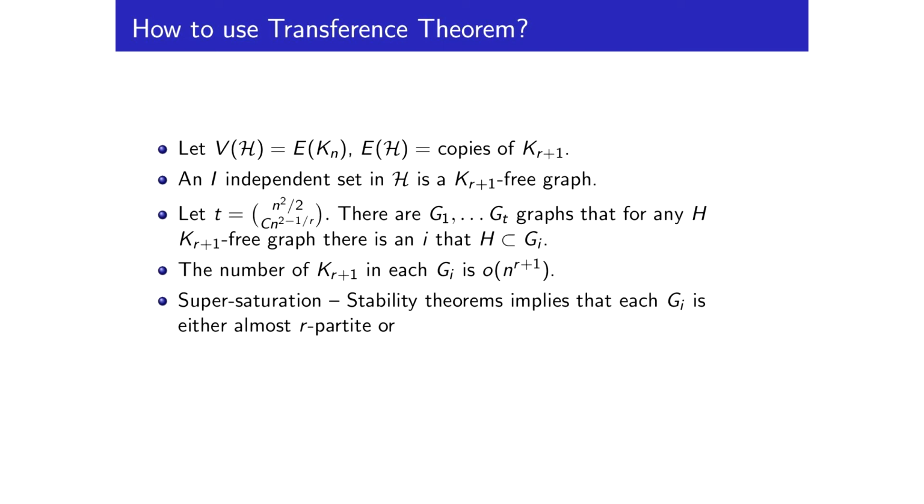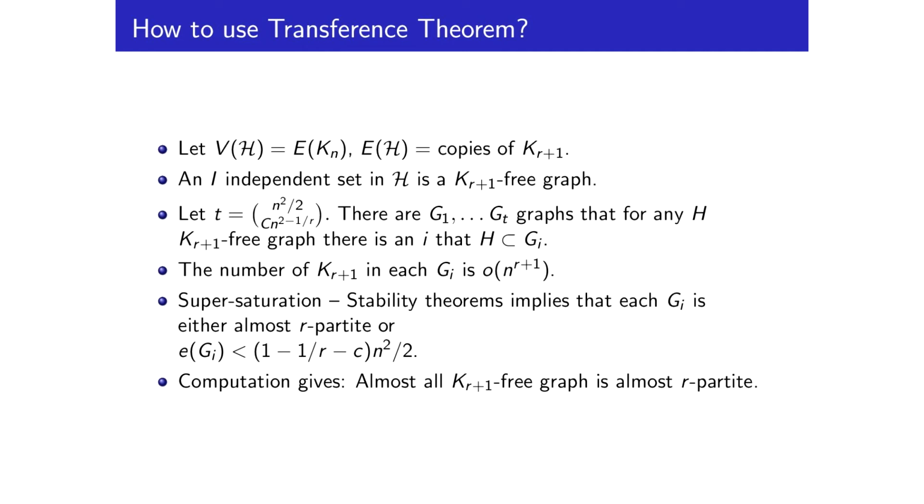Supersaturation plus stability theorems imply that each of these G_i satisfies one of the following properties: either G_i is almost r-partite, or the number of edges is significantly less than the maximum number. And now we can just count the number of K_{r+1}-free graphs: for any graph we are either in this case or in this case.